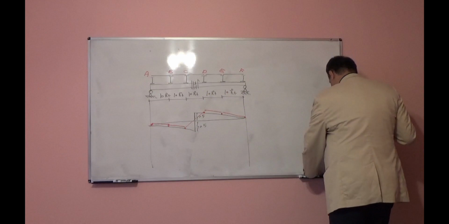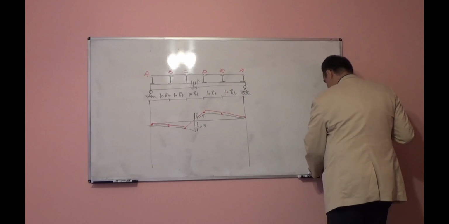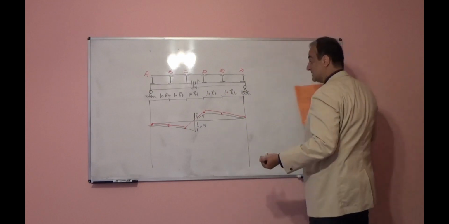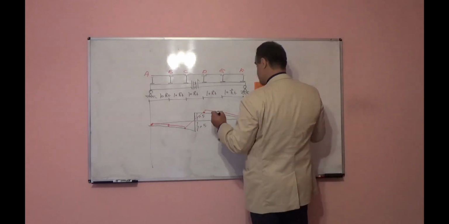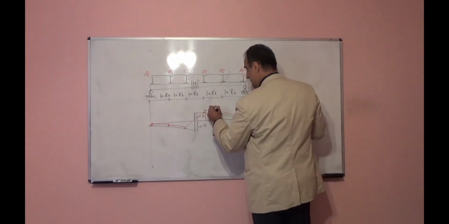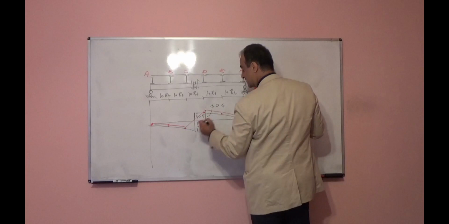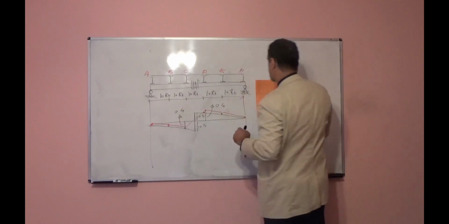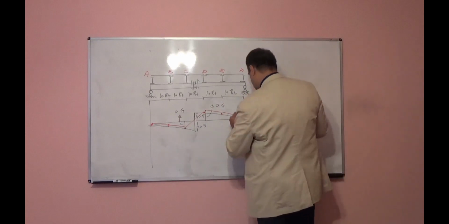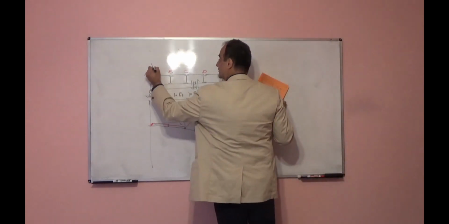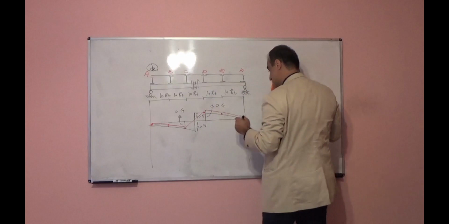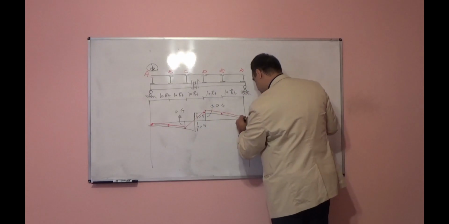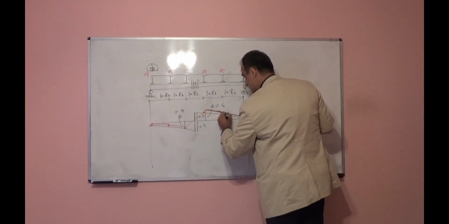From similar triangle, again, it is very easy to figure out. This height will be 0.4, this height will be 0.4. So the influence line, if our load moves here at the slab level, will be this one.